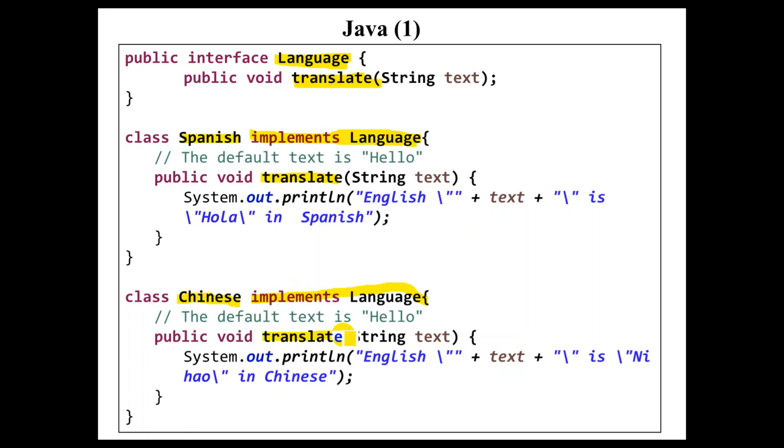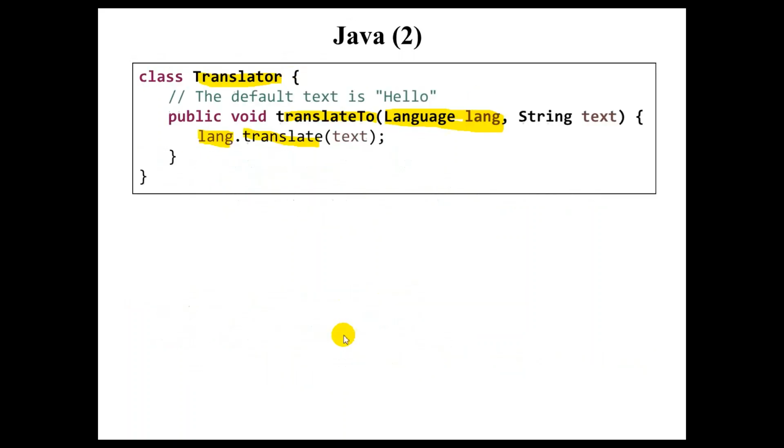So now we can look at the implementation of the main or the central translator class. You can see that here we have a very simple implementation and only one call of the translate method. Let me talk about this a little bit later.